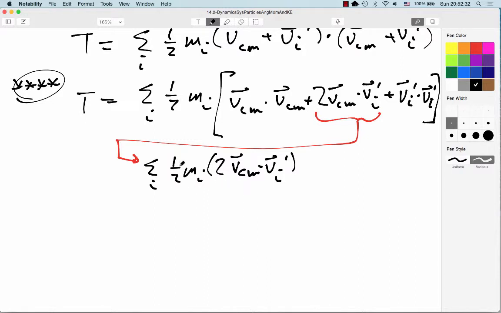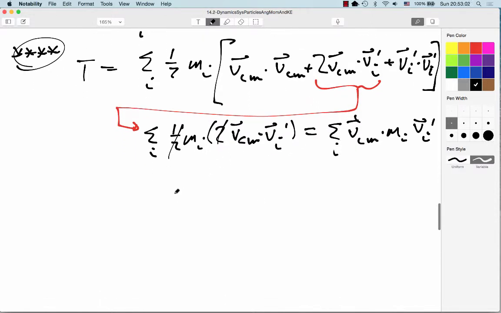All right. Thank God for small favors. Can cancel the 2's. That's actually helpful. Now I can first multiply the Vi prime by mi, no harm, no foul there. So it becomes the sum over i of VCM dotted with mi Vi prime. Now I can pull the VCM dot out of the sum.